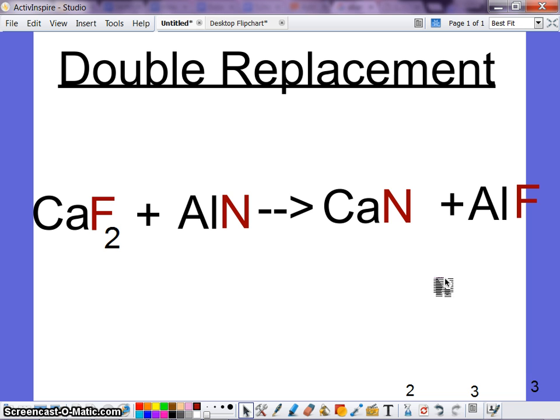So if I have +2 and -3, they both go into 6. In order to neutralize this compound, I need 3 calciums and 2 nitrides. Now my subscripts cancel out.